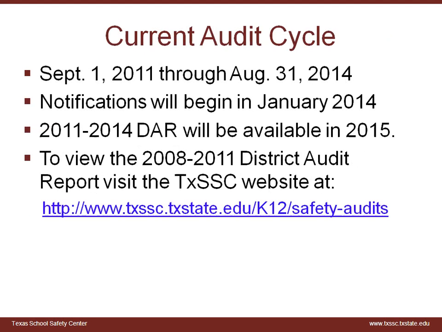And the notifications, as I mentioned before, are going to begin in January 2014, and reporting will begin in April of 2014. So school districts are going to have until August 31st of next year to complete their audits, and we will allow them until September 15th to report those audit results to us, for some districts who will be finishing up probably towards the end of the deadline.